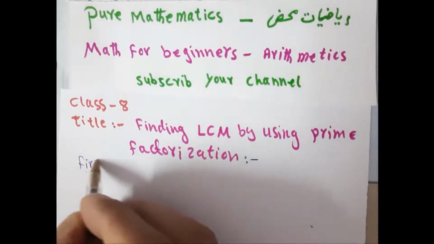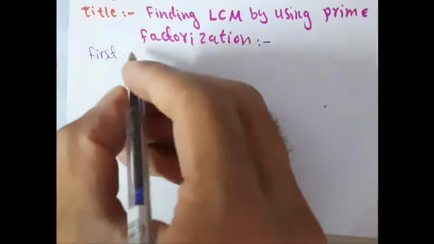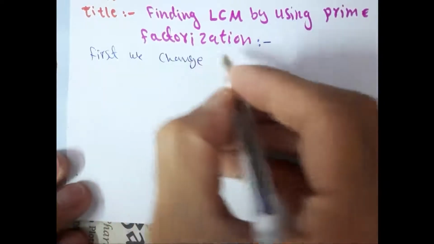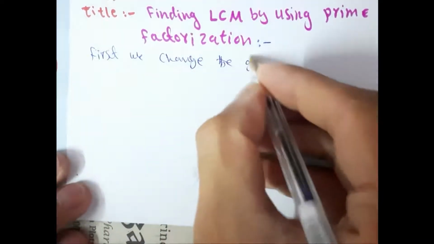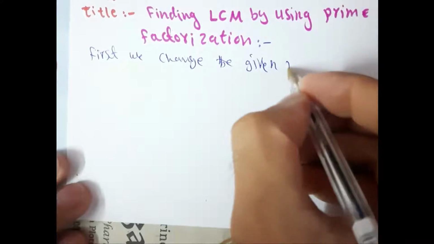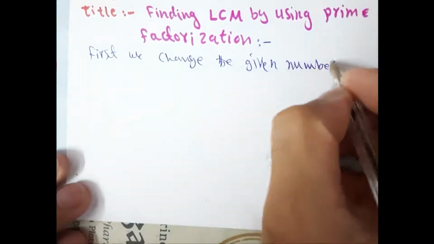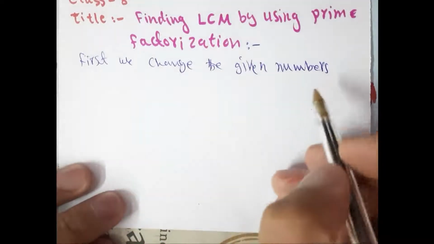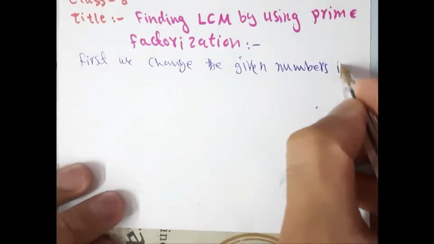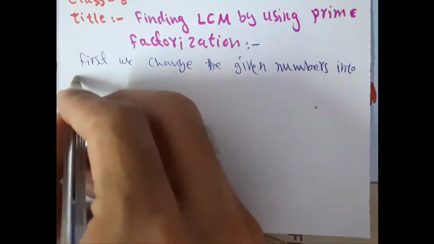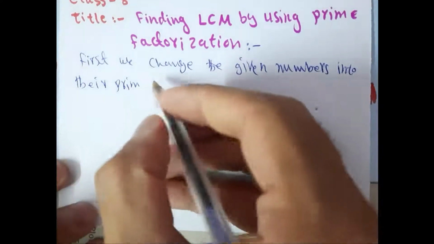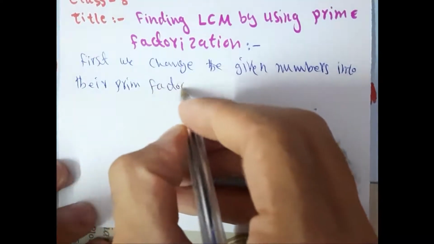First, we change the given numbers into their prime factors.